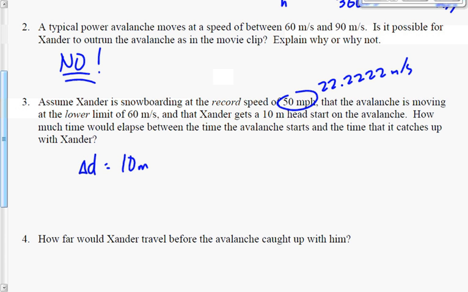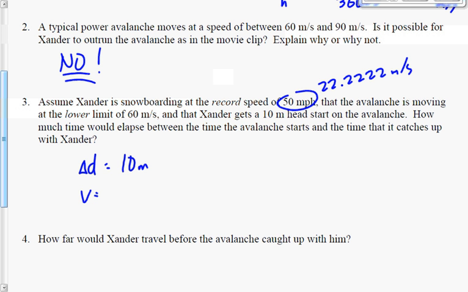Now, if we're going to use the distance, not that it has to travel overall, but the distance relative to Xander, then we need to use the speed of the avalanche as well relative to Xander. What's the speed of the avalanche relative to Xander? What is it? Yeah, close, 37.777, right?